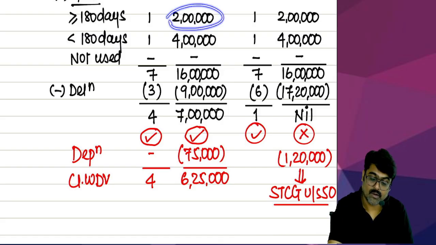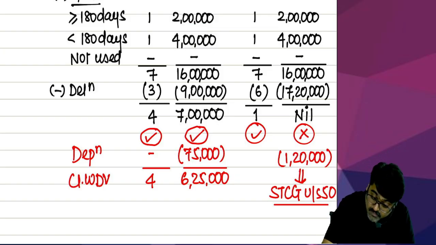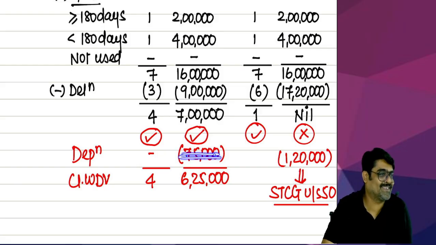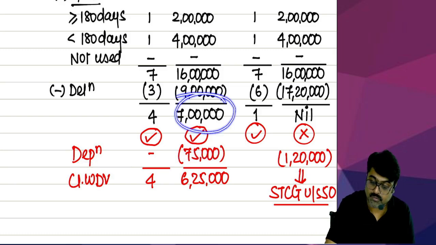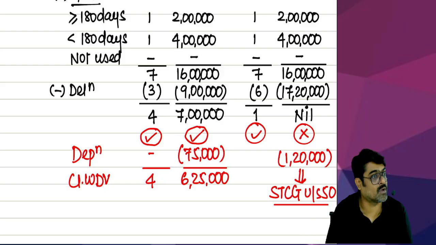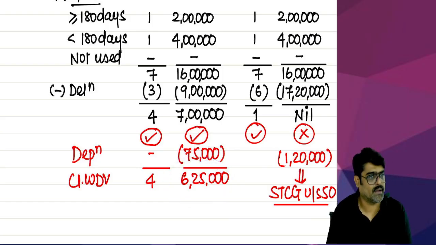And what about the 2 lakhs? On this 2 lakh, 20% will be 40,000. On this 4 lakh, 10% will be 40,000. 40 plus 40, that is 80,000. Along with normal depreciation, you are also supposed to reduce additional depreciation. Don't just reduce normal, because along with normal, out of this cost we are giving additional also. If you do not reduce additional depreciation while calculating your closing WDV, what will happen?